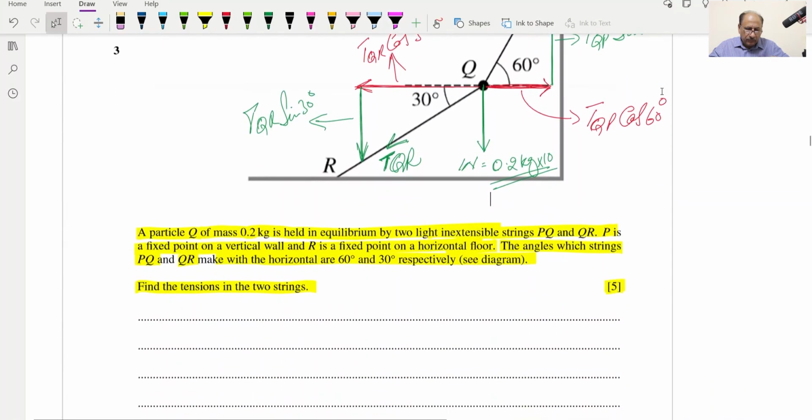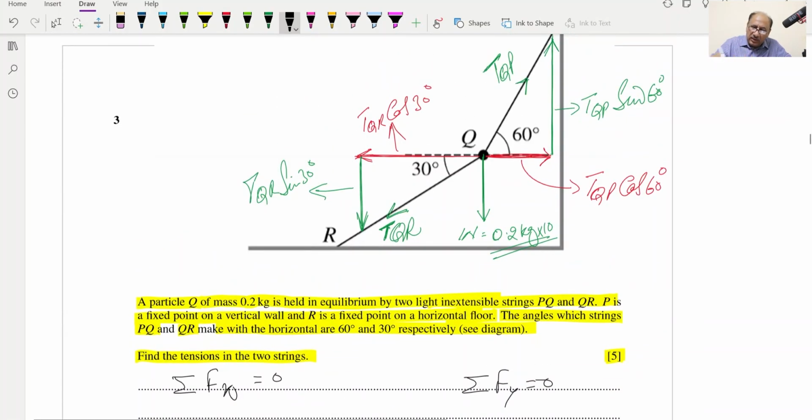Hopefully you understood this. Now we can resolve x and y components. Sigma Fx, the forces along the x-axis, will be equal to 0 as the body is in equilibrium, and sigma Fy is equal to 0. What are the x components? This one is to the right, and the left side is TQR cos theta.